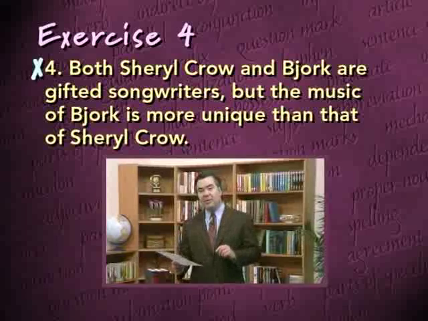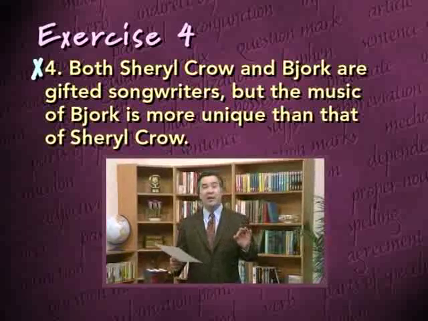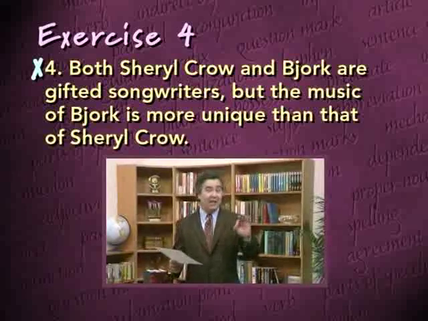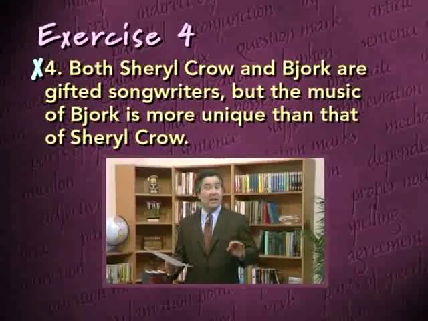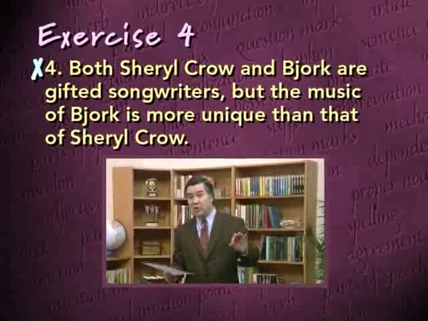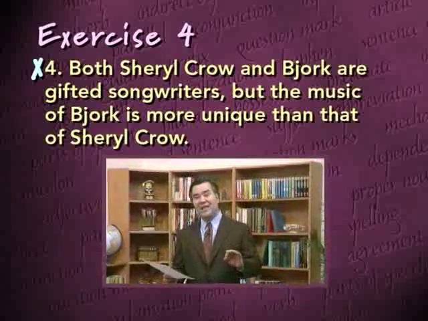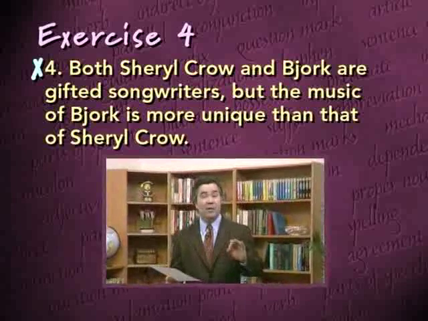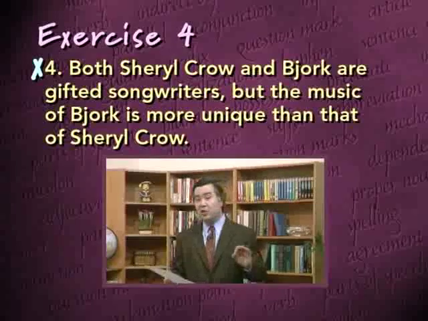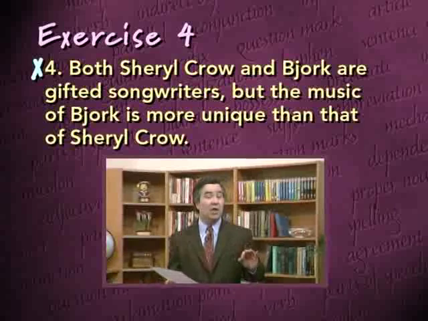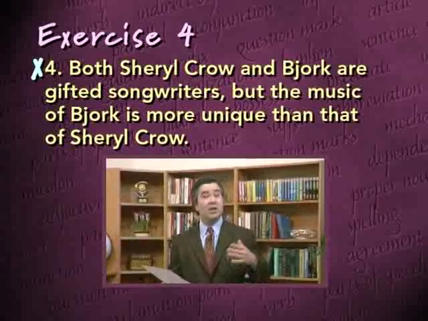But there is a problem because we're trying to compare the adjective unique, which, as we've seen, is an absolute. Either something is unique or it isn't. There's really no such thing as more unique or less unique. I think the author of this sentence is probably trying to say something else about the music of Bjork, and therefore the sentence could be corrected by changing unique to some other adjective which is comparable.